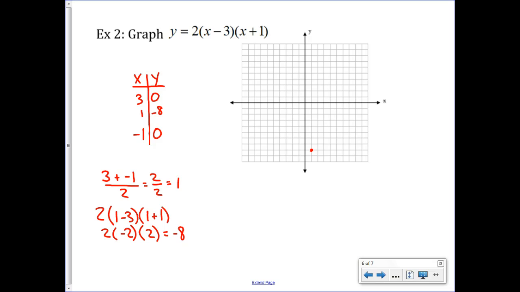Over 3, I'm not moving up or down, and then over -1, I'm not moving up or down. So there's my graph, and my axis of symmetry is going to lie right here at x equals 1.